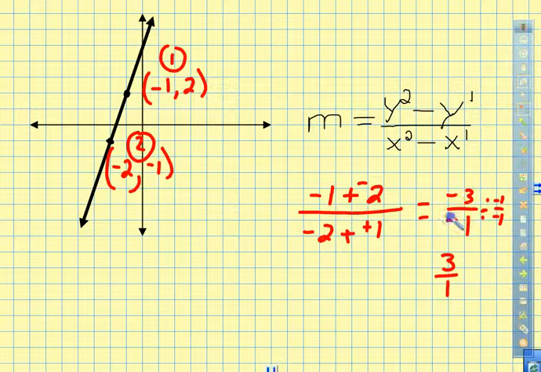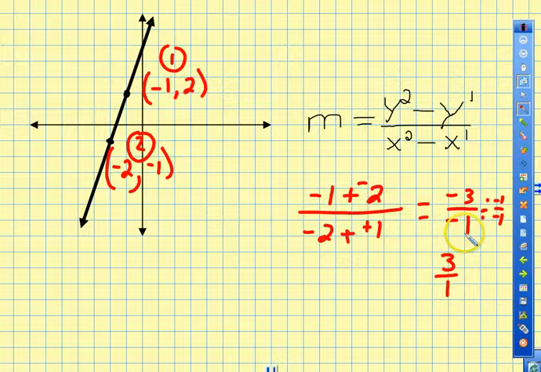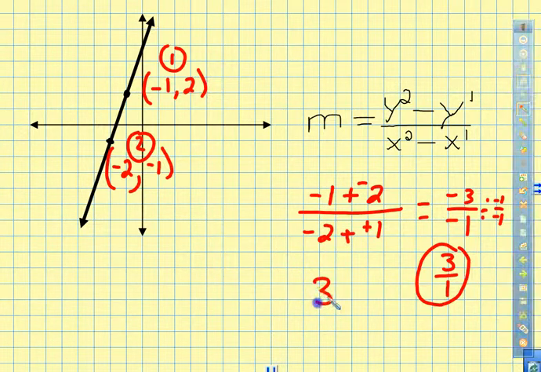Now, if I did have this as a +1, then we would simply leave it as a -3. Okay? But it is not. So since it's negative, therefore this is a positive 3 over 1 slope. And you leave it 3 over 1. You could, if you wanted, change it to the slope being just a 3. Okay? Either one of those works in this situation.